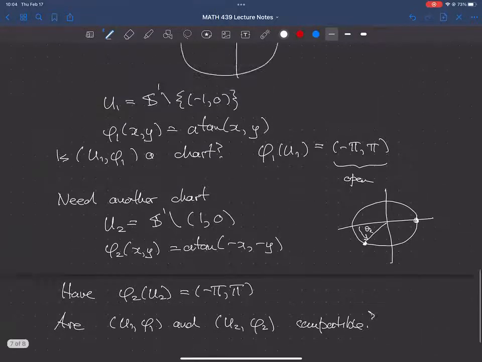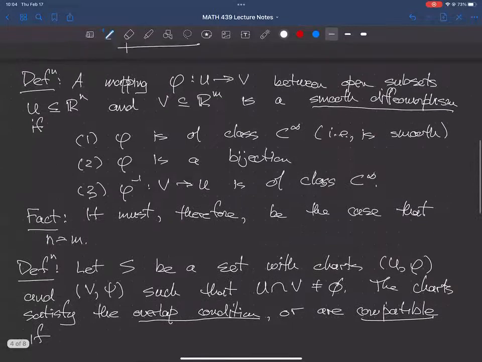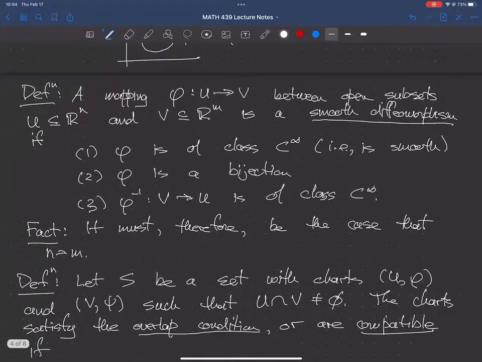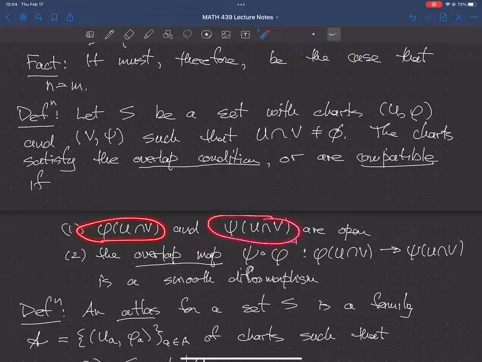So what do I need to do? I need to check that these two subsets of R1 are open, and then I need to determine the overlap map and show that it's a smooth diffeomorphism.